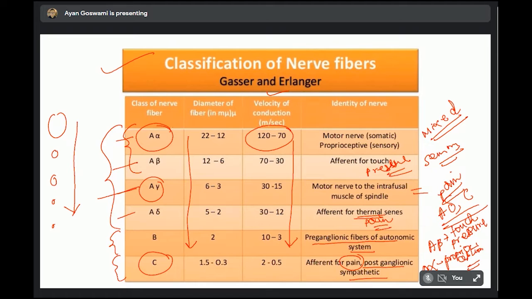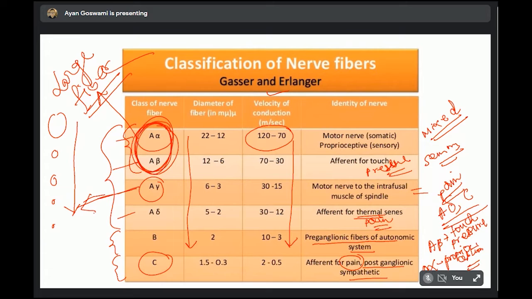A alpha and A beta together are called large fiber. A gamma is purely motor, and we don't test it.